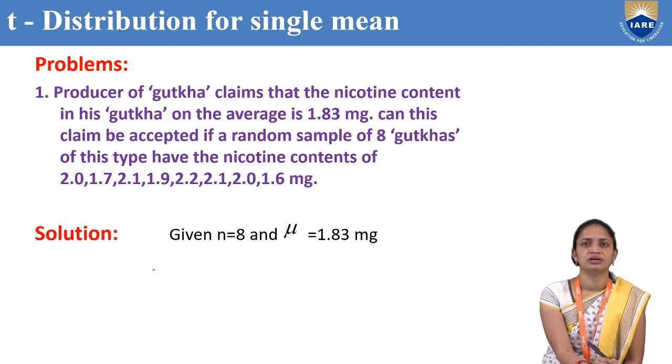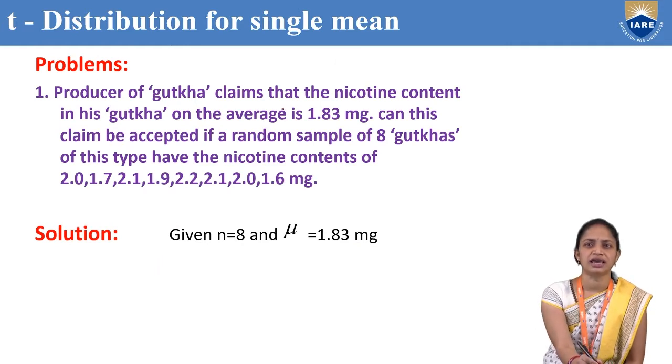First problem. The producer of gutka claims that the nicotine content in his gutka on the average is 1.83 mg. Can this claim be accepted if a random sample of 8 gutkas of this type have the nicotine content of 2.0, 1.7, 2.1, 1.9, 2.2, 2.1, 2.0, 1.6 mg?